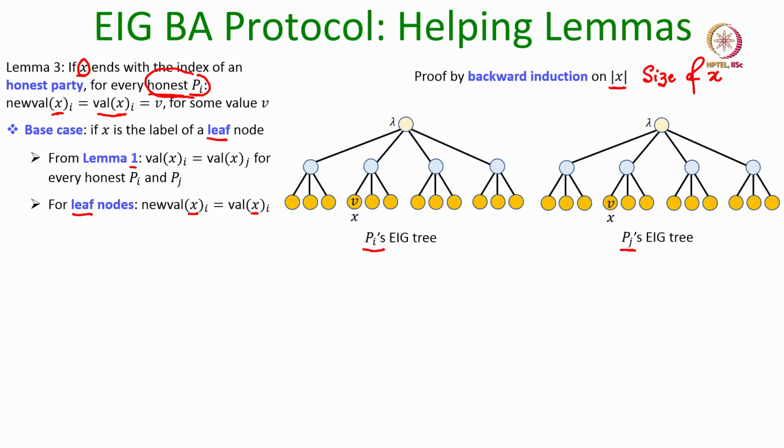So, how can we apply the majority rule? So, the new value for x will remain the same as the old value of x if x corresponds to a leaf node, and from lemma 1 the old value of the node labeled x is the same across all the EIG trees. That also implies that the new value for x also remains the same across all the copies of the EIG tree. So, the base case is done.